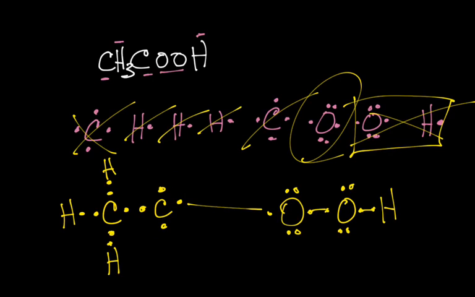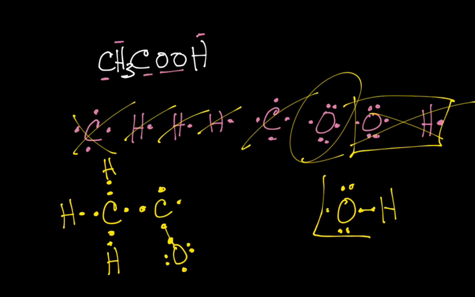So what I'm going to do is get rid of that. I'm thinking that this O, I guess I should just get rid of the O too, is going to bond with the carbon like that, and then this O here, this OH, I can do this really.